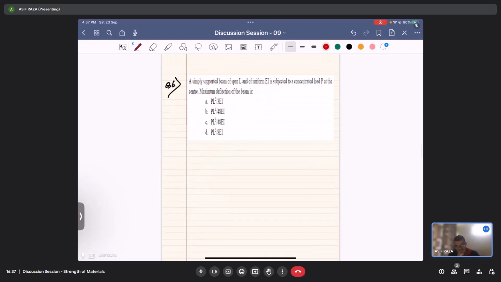Okay, the sixth question is: a simply supported beam of span L and of uniform EI is subjected to a concentrated load P at the center. The maximum deflection of the beam is?